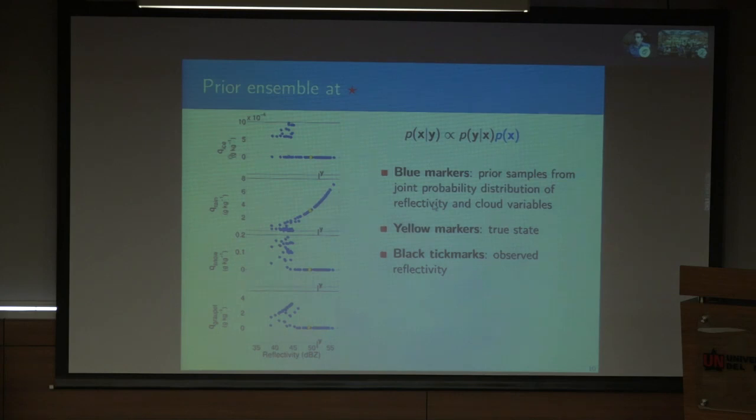And so these are mixing ratios of ice, rain, snow, and graupel in the model. And so different hydrometeor species that are characterizing the clouds. And you can see these distributions can be really, really crazy. They're definitely not Gaussian. They're bounded at 0. And they have some pretty complex relationships going on here between different frozen species and rain and how that corresponds to different reflectivity that we're actually measuring.